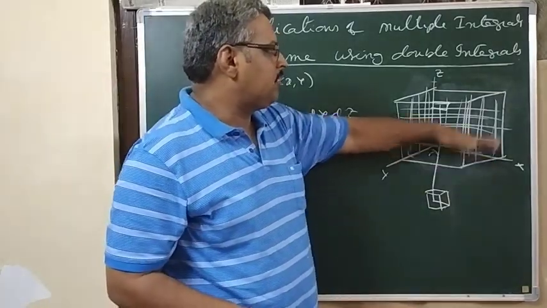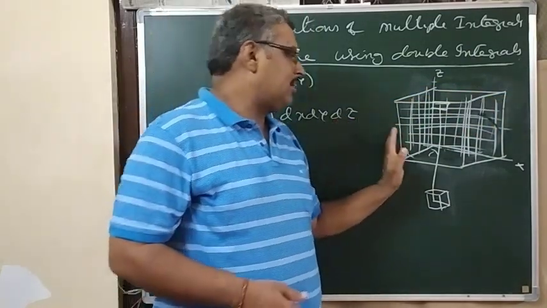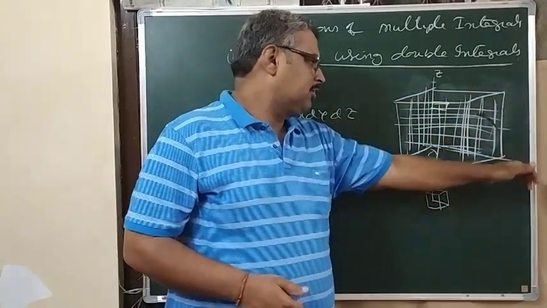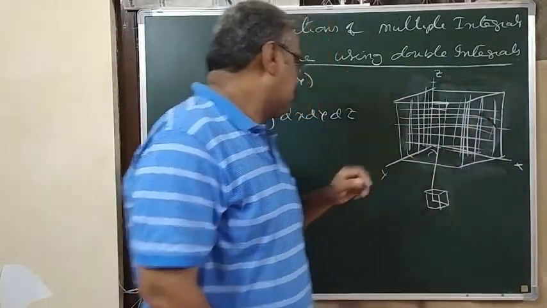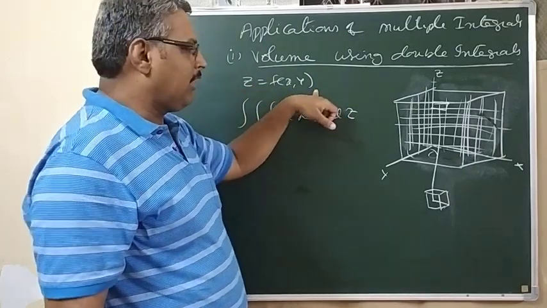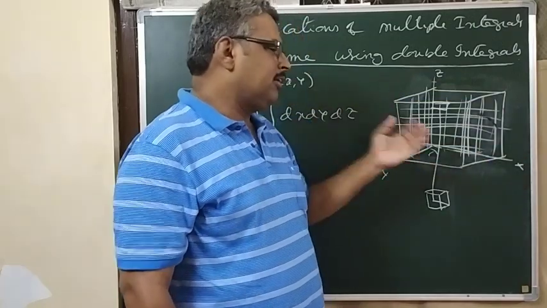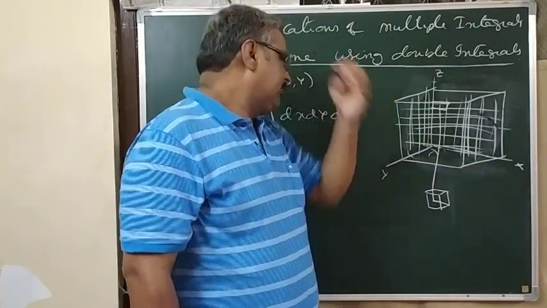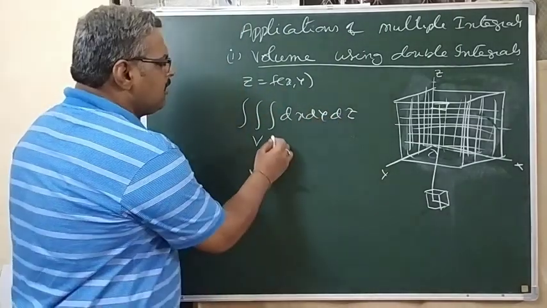Z lies between this one to this one, Y lies between the back side to this one, X lies between 0 to this one, so from the YZ plane to this one. So suppose z equals f of x y, then it is our solid based on the xy plane, above the xy plane. Now what about the z limits?